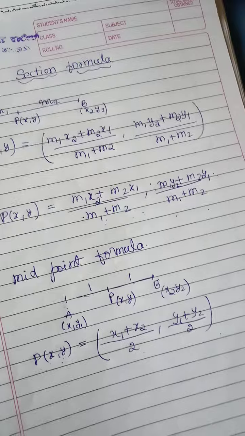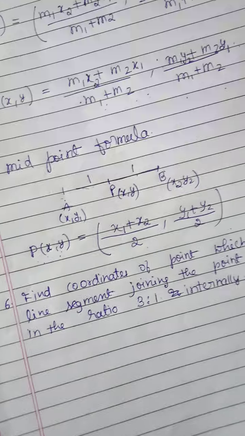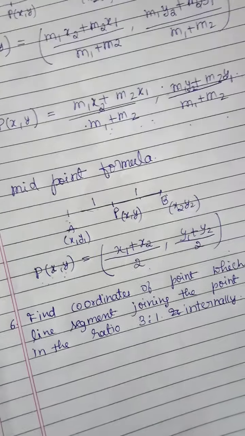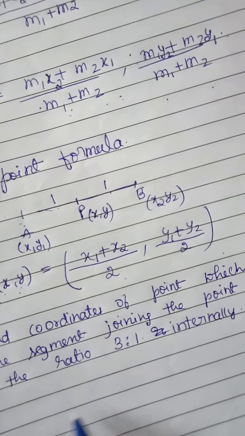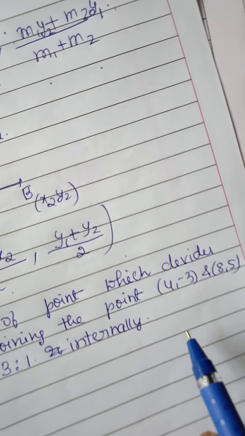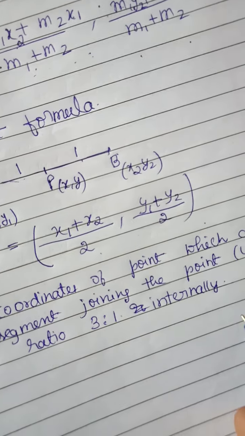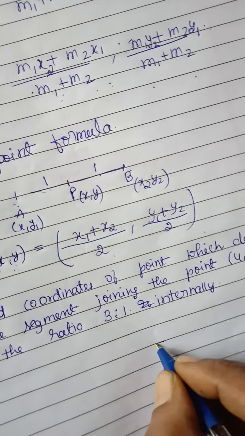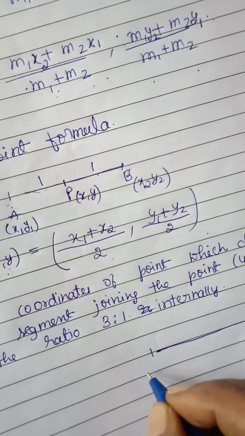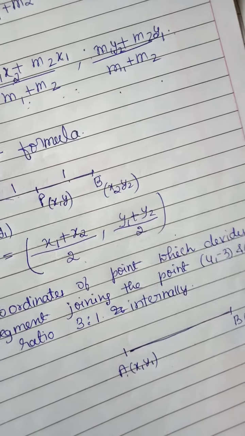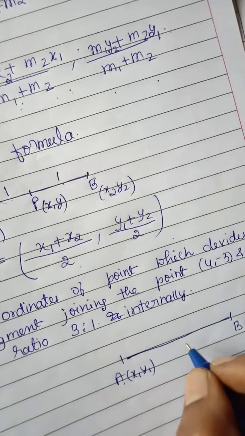Got it? Yes. Okay. Now let us discuss a problem based on this section formula. Find the coordinates of the point which divides the line segment joining the points (4, -3) and (8, 5) in the ratio 3 is to 1 internally. See here, this is a line segment. Let it be A(x1, y1) and B(x2, y2).